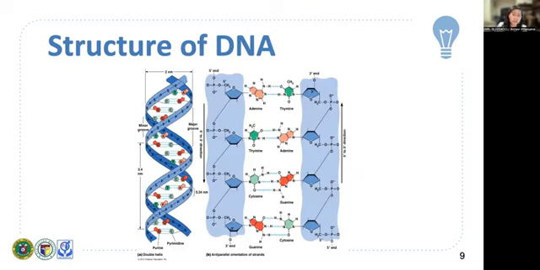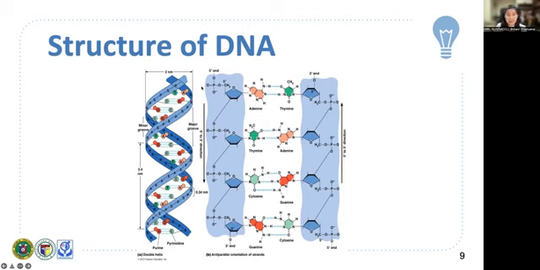Another important concept is the structure of your DNA, or deoxyribonucleic acid. Your DNA exists as a double helix formed by two complementary strands in an anti-parallel orientation. So double helix, like a ladder, two strands, and the orientation is anti-parallel to each other.